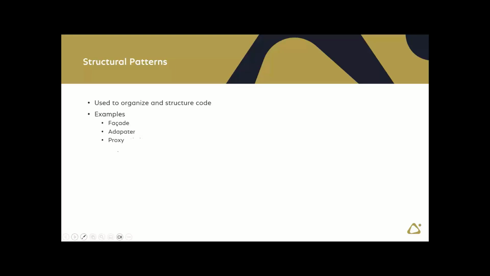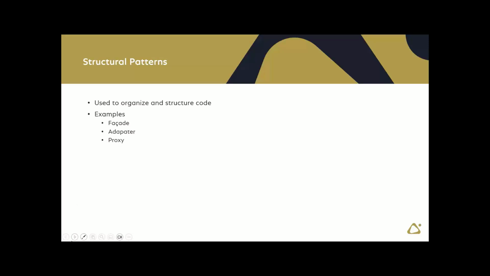Then we have structural patterns like the Facade. Facade is used quite heavily in the system app from Microsoft. I guess every module in the system app has a facade. We will have a look. Then we have adapters and proxies, for example, and there are many more.